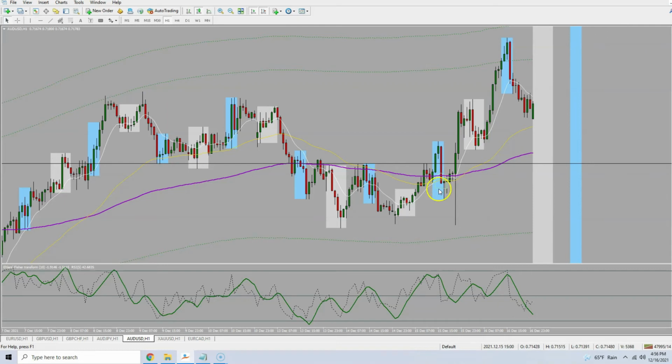But one thing about FOMC, it always happens at 1 p.m. Central Time, which is past our trading hours. That's the one day where trading past your trading time is okay. Whenever FOMC day hits, I normally wait till 30 minutes after news before I'm willing to get into a trade. So sometime around 1:30 or 2 o'clock in the afternoon, I'll be willing to get into a trade on FOMC.